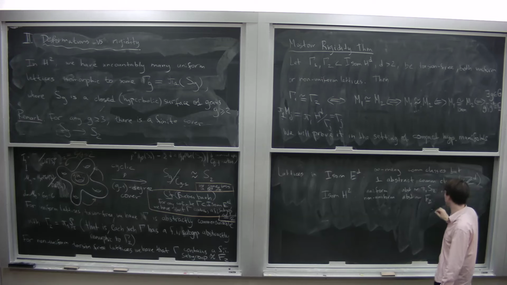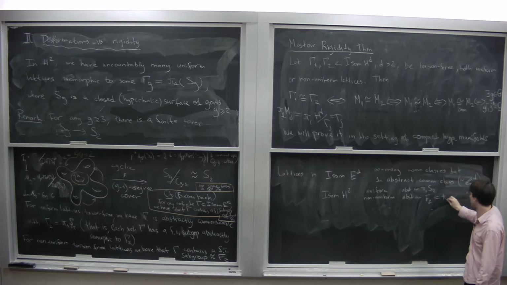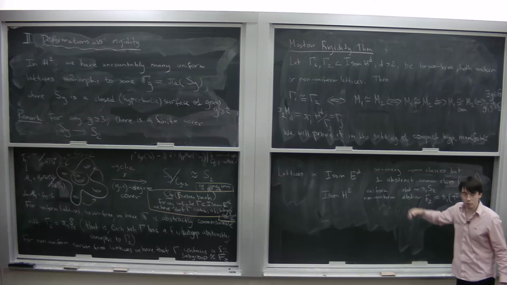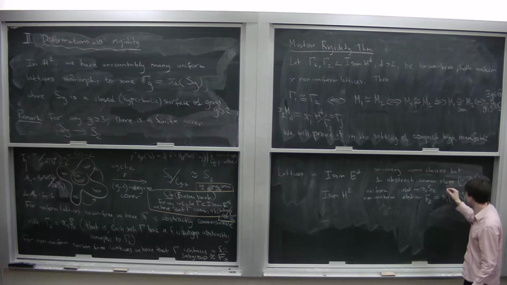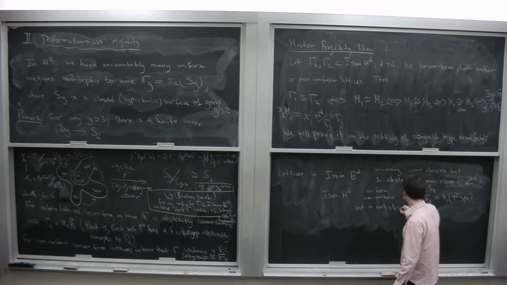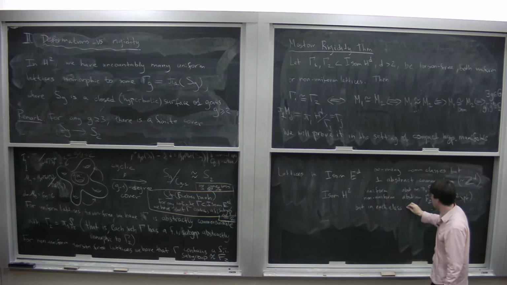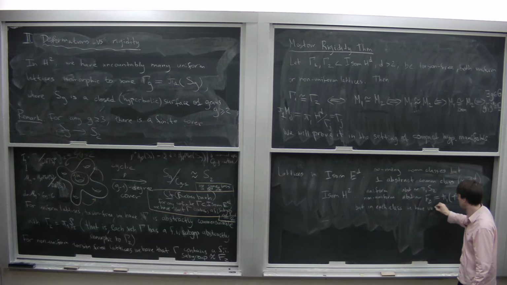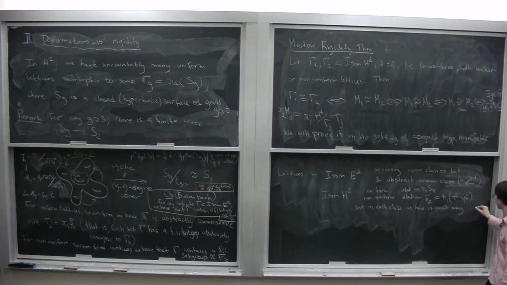Non-uniform ones are abstractly commensurable to F2, which is pi 1 of the torus minus the point, right? But again, there is a large space of deformations in each setting, uniform and non-uniform. But in each class, we have uncountably many, really many deformations, right?